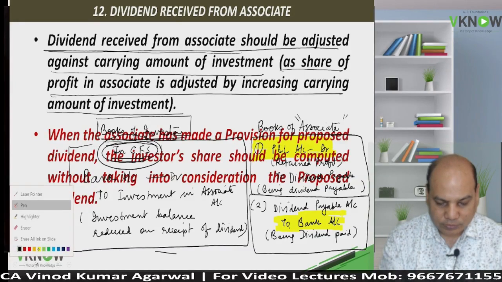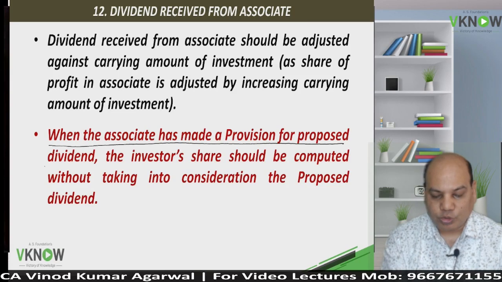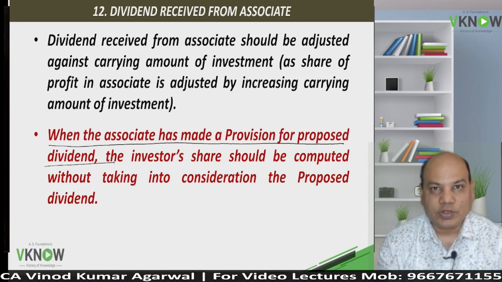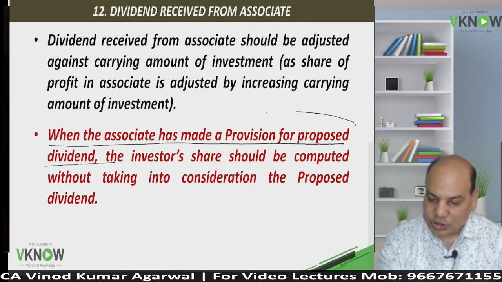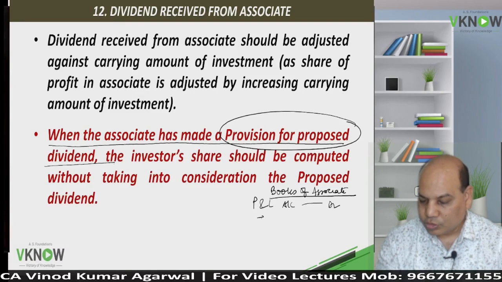Next point, when the associate has made a provision for proposed dividend, that is only the first entry, provision for proposed dividend, entry in the books of associate. In the books of associate, sometimes they will pass an entry P&L account debit to proposed dividend, being dividend proposed, but dividend is not yet paid.